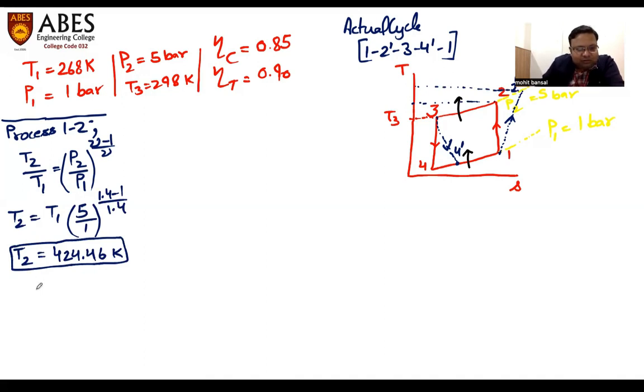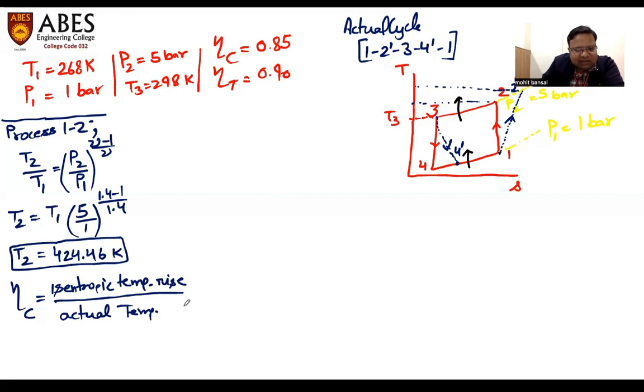So for that, we will use the isentropic efficiency of the compressor, which is given as isentropic temperature rise in the compressor to the actual temperature rise in the compressor.